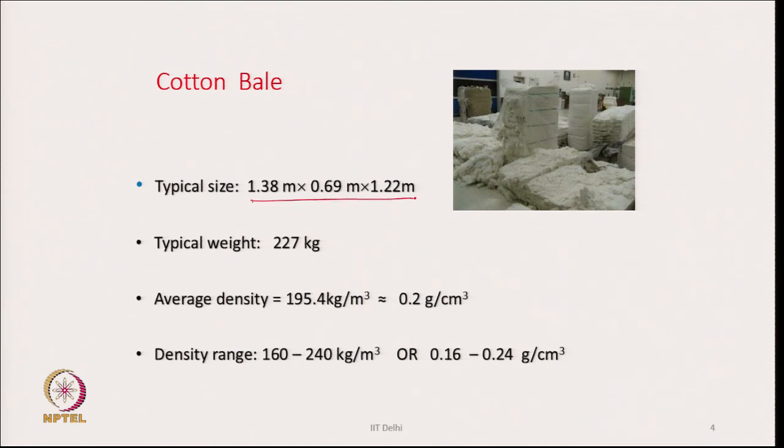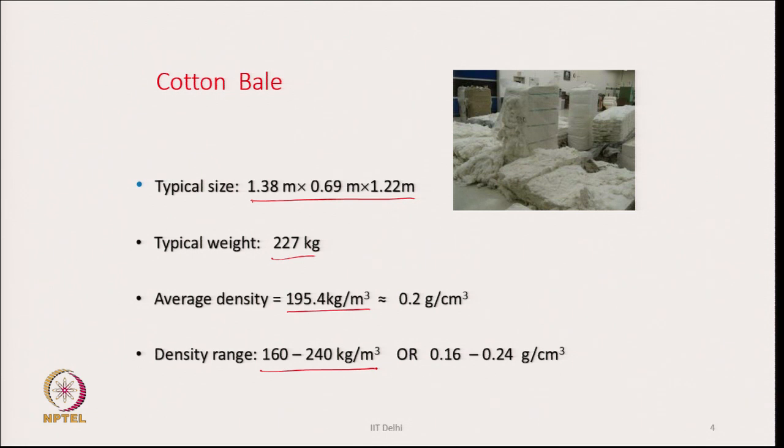This is typical size. This size can vary. Typical weight also is given. Average density is something like this, 0.2 gram per centimeter cube or 195.4 kg per meter cube. And the density range could be from 160 to 240 kg per meter cube.